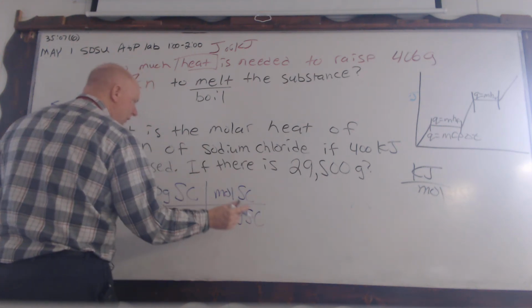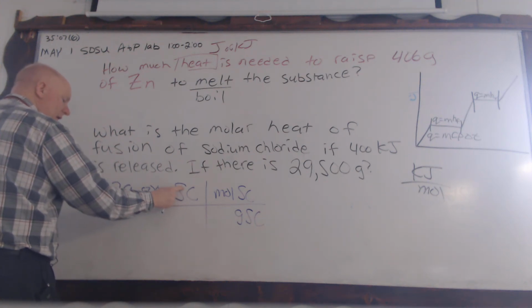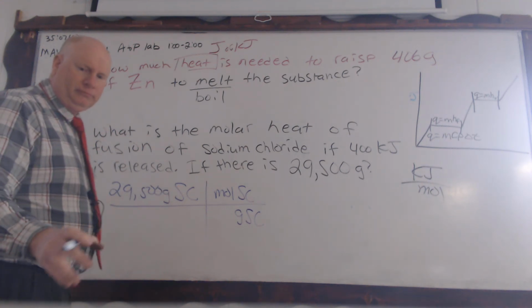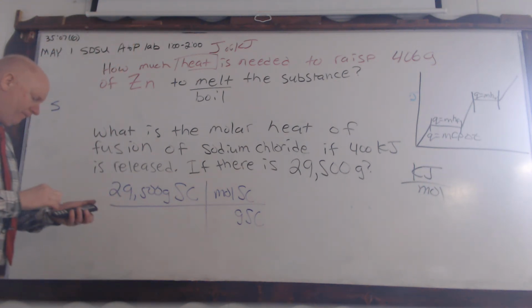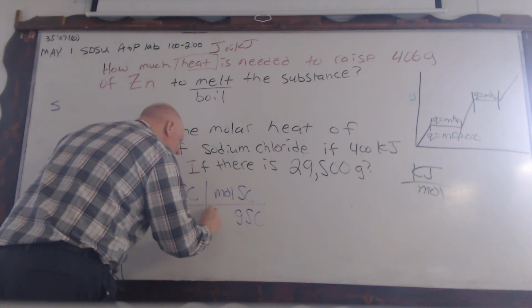So let's see here. Chlorine is 35. This is 23. Is that 61? No. 58.45.